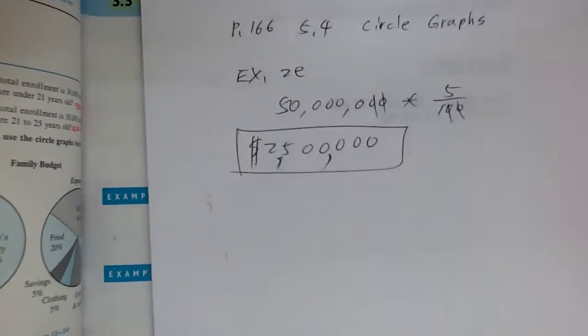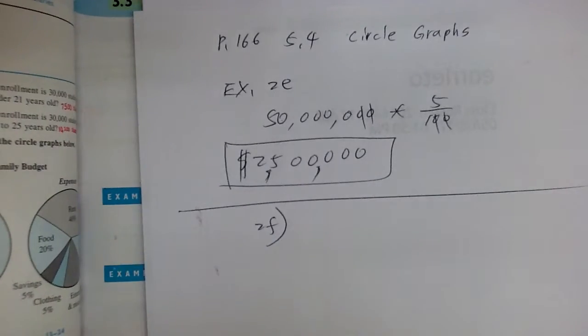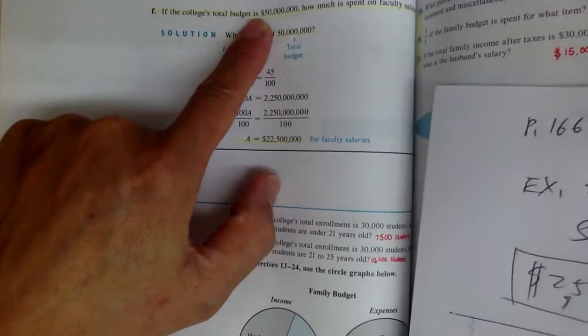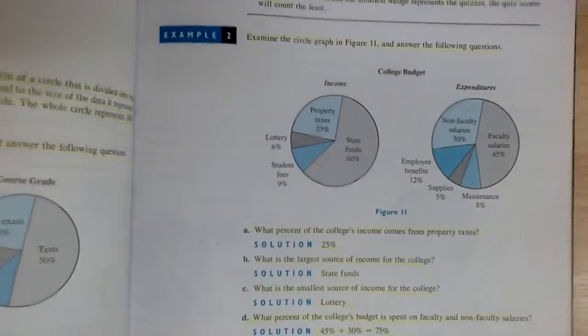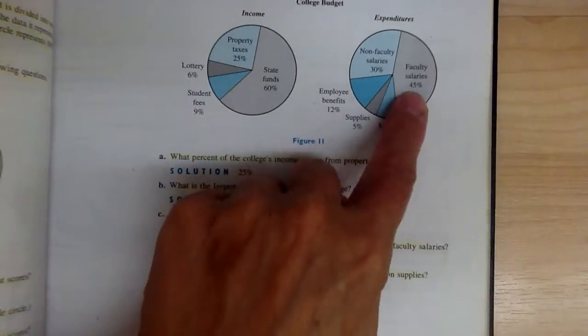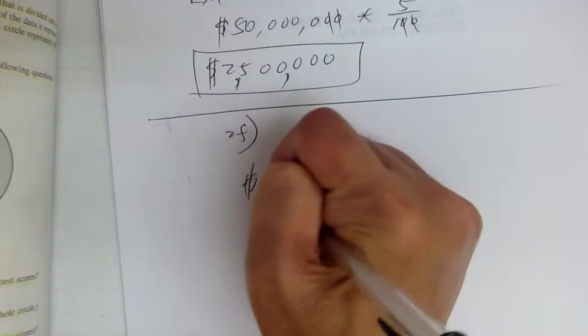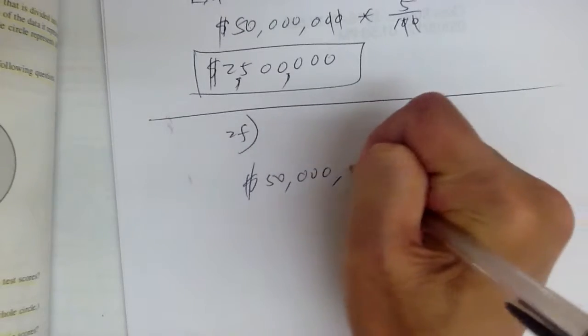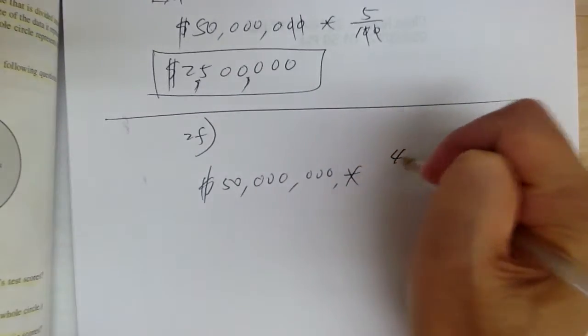Let's go to F, example 2F. It says, if the college total budget is 50 million, how much is spent on faculty salary? Again, if you go over here, the faculty salary is 45%. Just like before, you have the $50 million, and you have to multiply it by 45%.